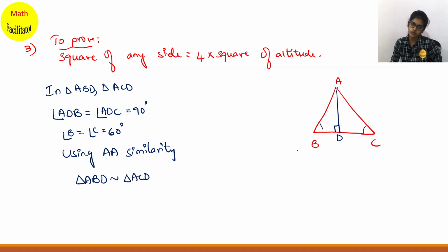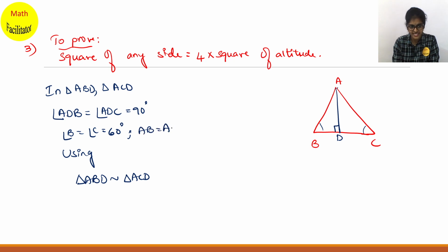When the two triangles are similar, you can prove that they are congruent also. I'll just prove it. Two angles are the same, and what about AB and AC?